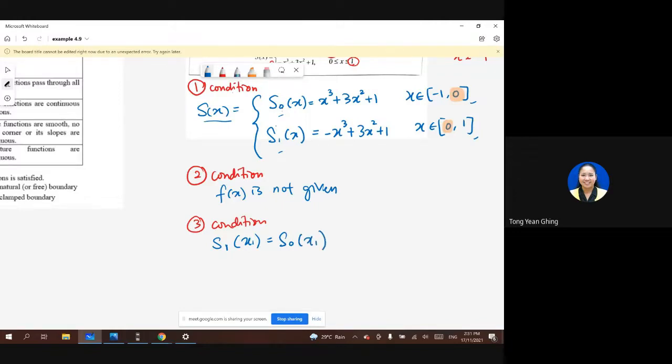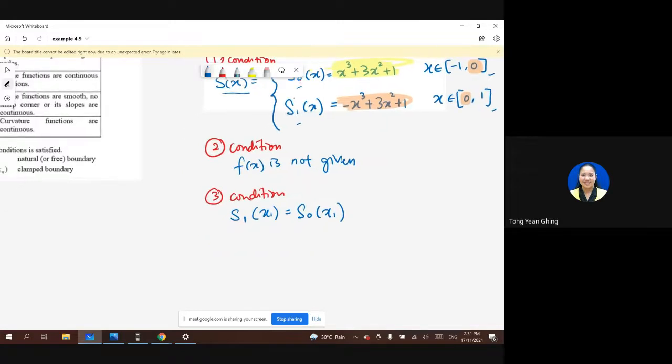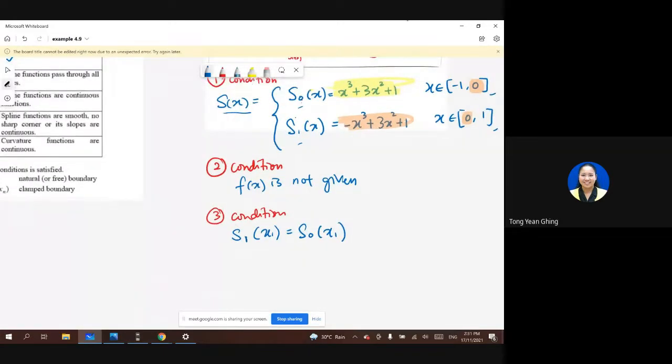Maksudnya, apabila saya ambil equation, this equation, saya ganti dengan x1. That means 0. Kena sama dengan apabila saya gantikan x1 dalam this equation juga. So that means ambil dulu x1 punya equation. That means negative x to the power of 3 plus 3x squared plus 1 have to be equal with x to the power of 3, 3x squared plus 1.